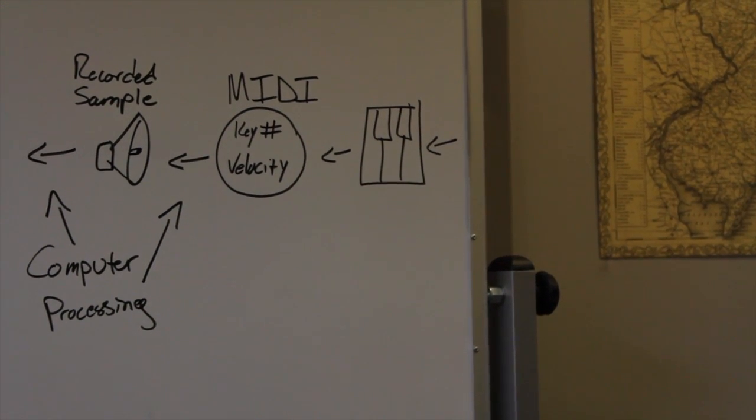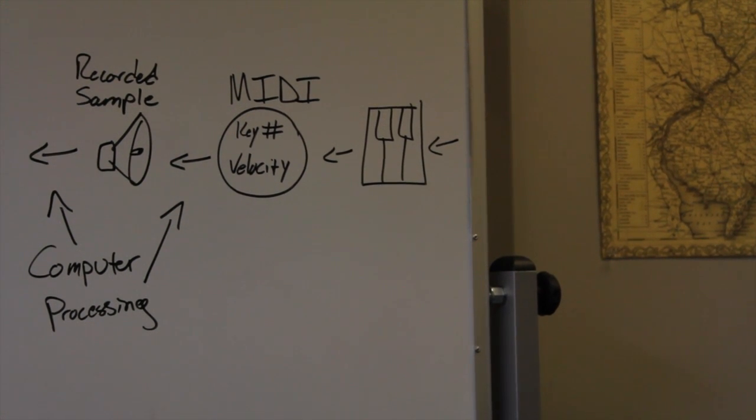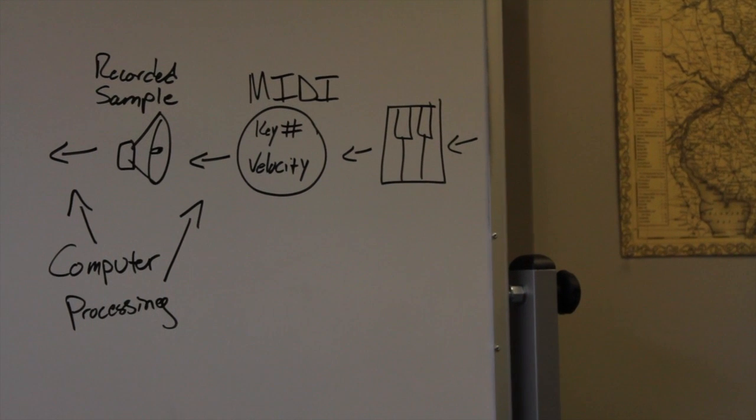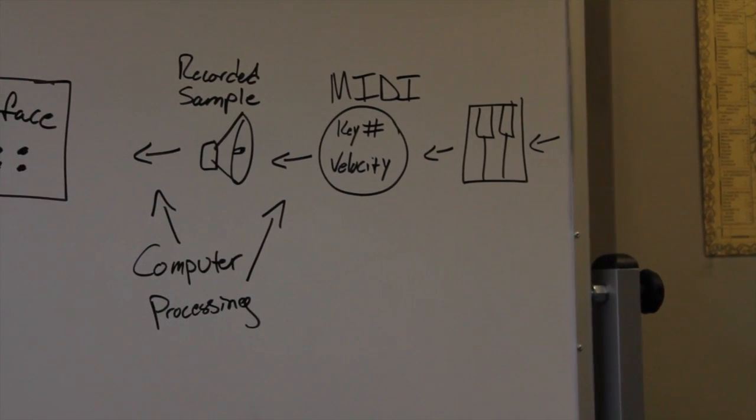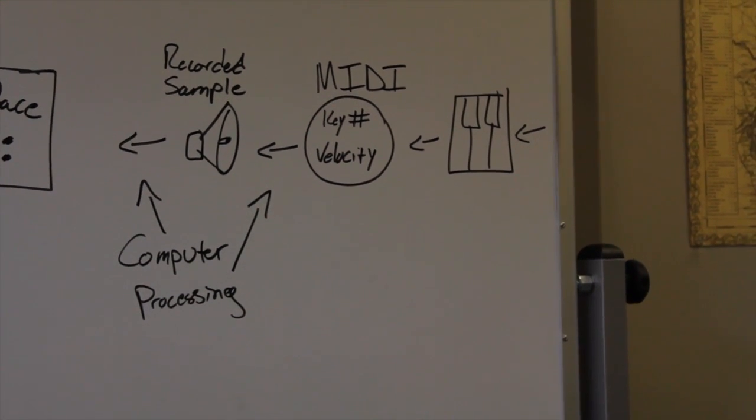Simple, it's the same keyboard, maybe there are drum pads, but essentially there is some input, which is generally a key. What that key does now is, instead of pulling a lever and throwing a hammer, it's going to send a MIDI note. And what MIDI is, as you can see in there, it says key number and velocity.